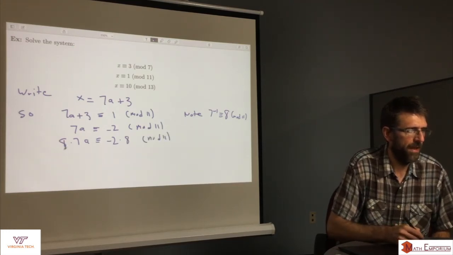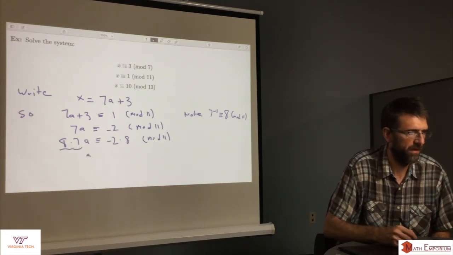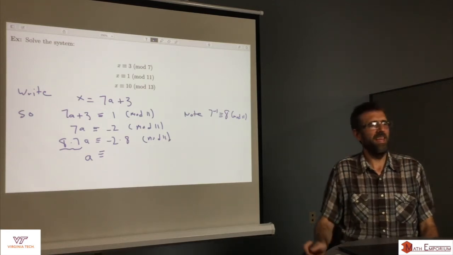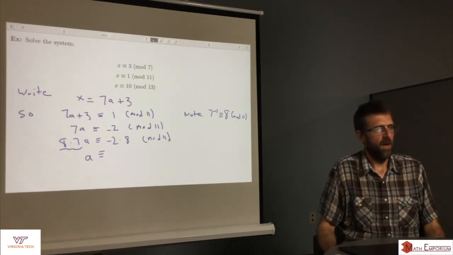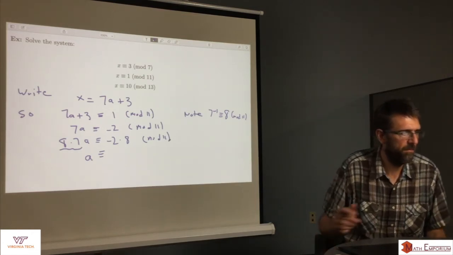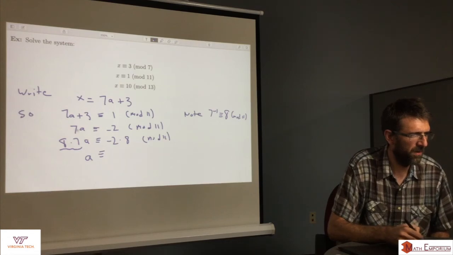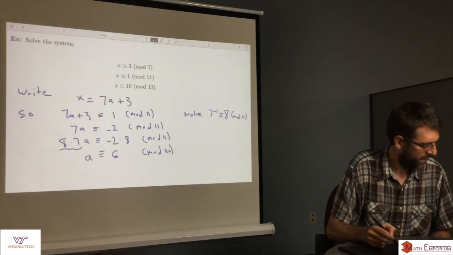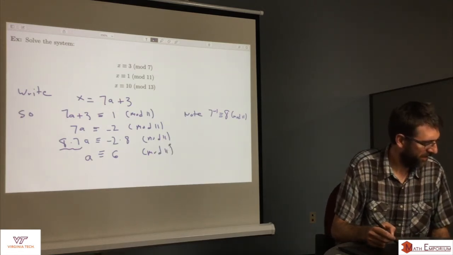Okay, and then that means this reduces to 1 because those are inverses of each other. So A is just congruent to negative 16 mod 11, but negative 16 is also 6, I guess. So A is congruent to 6.